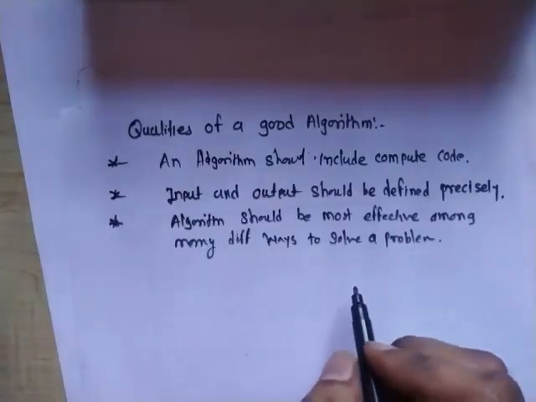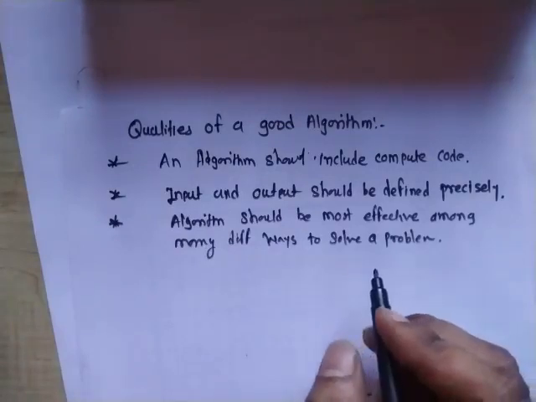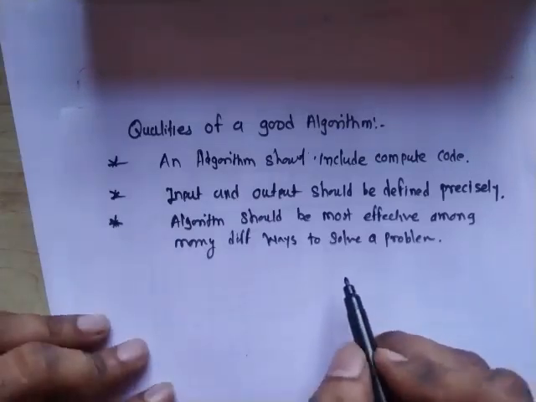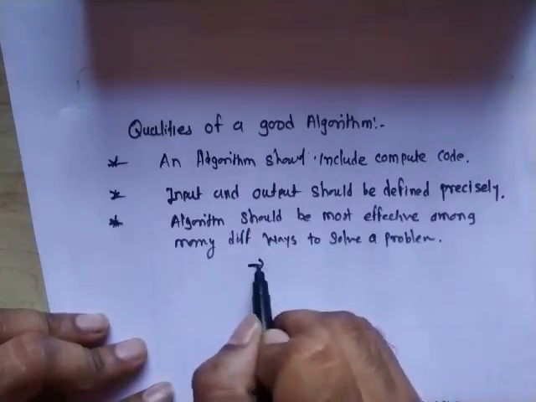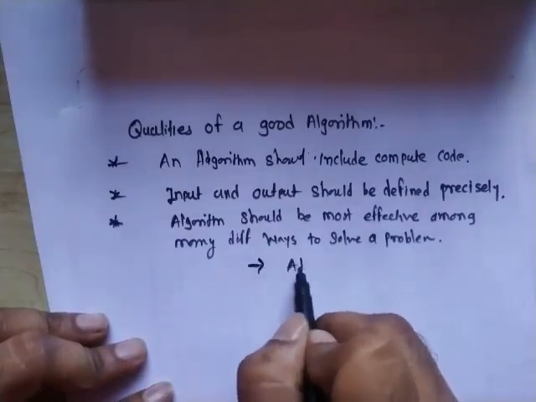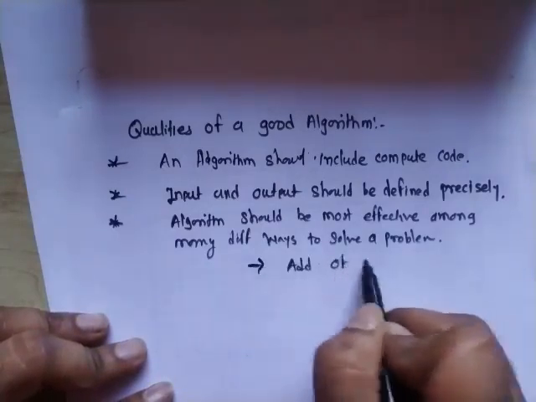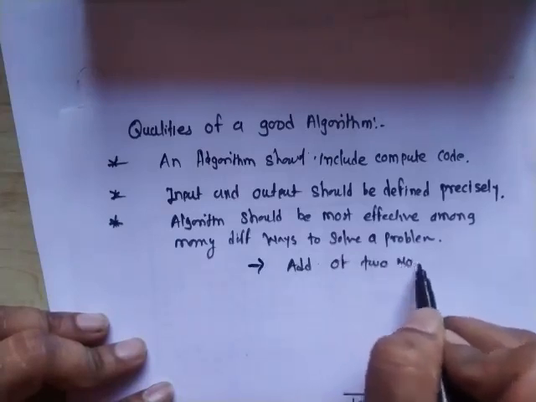When we are writing an algorithm, we need to think of many different ways, meaning what kind of input and what kind of output. Suppose we take the previous example, addition of two numbers.